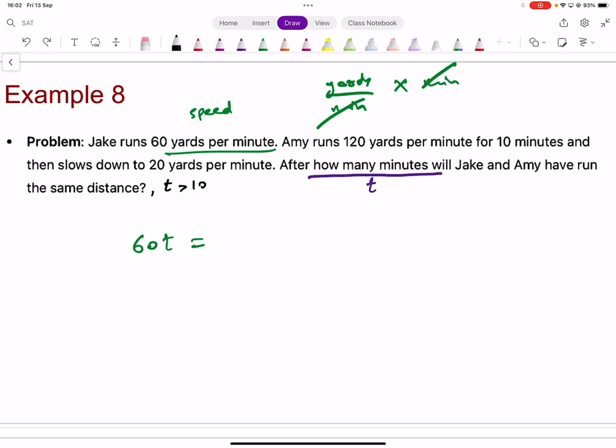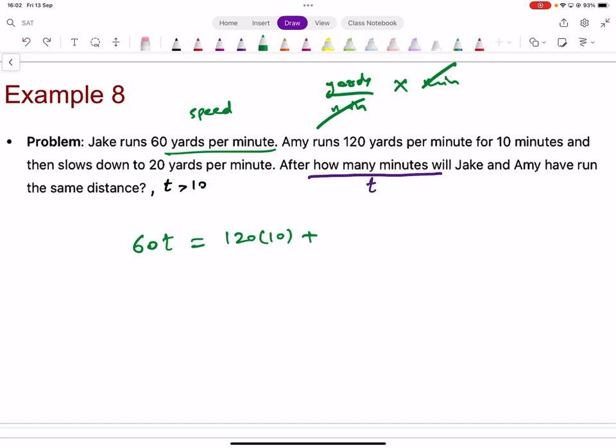Now, given that, how much distance has she traveled during the first 10 minutes? 120 yards per minute for 10 minutes. What's the distance? 120 times 10. That's the distance that she has covered during the first 10 minutes. What happens after that? After the first 10 minutes have passed, now she is running at 20 yards per minute.